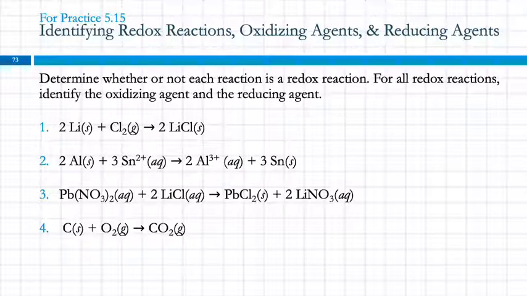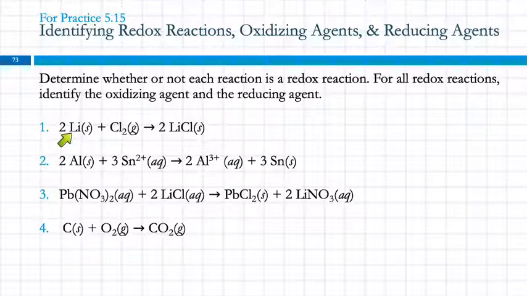So for practice, we're going to determine, is the reaction a redox reaction? And here they want us to identify not what's being oxidized and what's being reduced, but what's the oxidizing agent and what's the reducing agent. There's a couple of different ways we can identify whether it's a redox reaction.